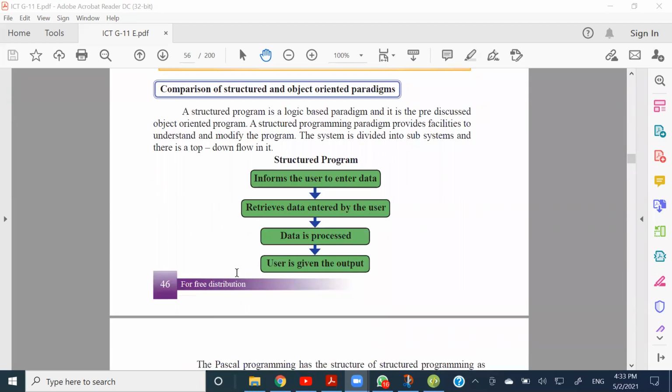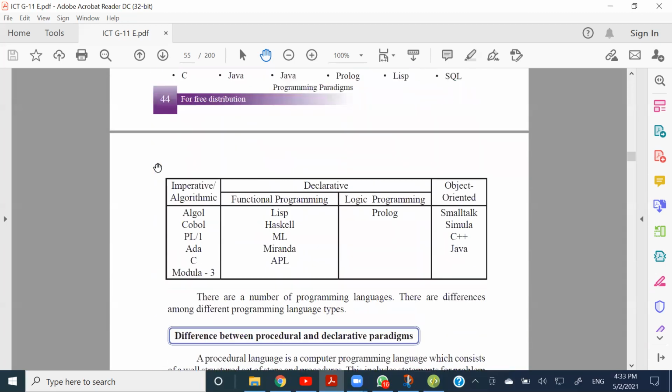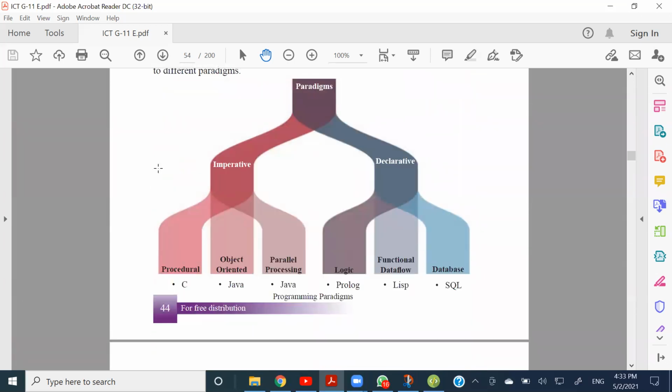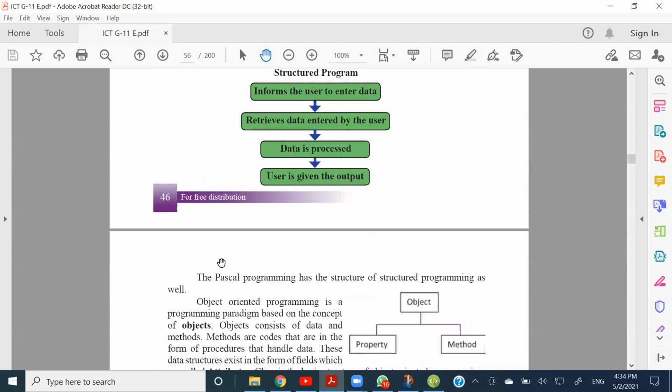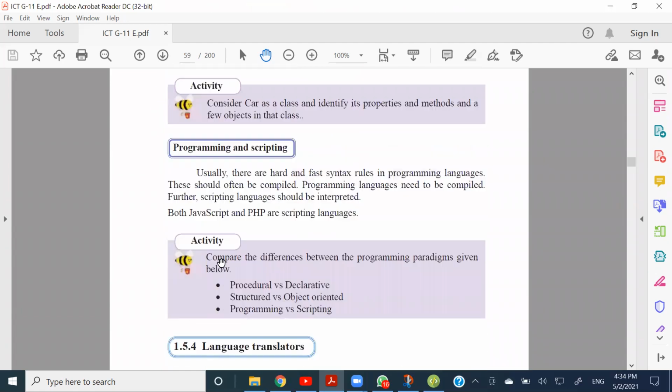Now here what they are doing is comparing the structured and object-oriented paradigms. Structured is in the same imperative paradigm, but there are differences when it comes to structured and object-oriented.